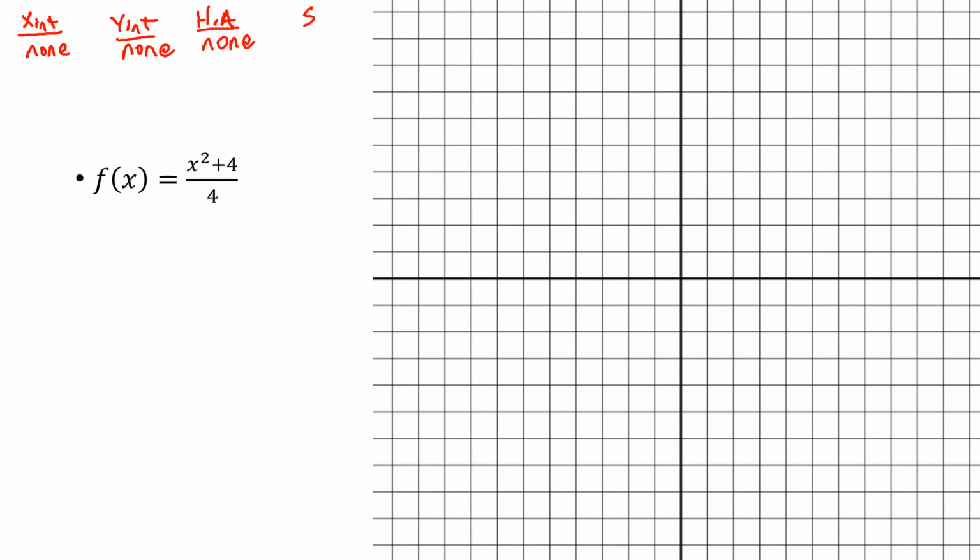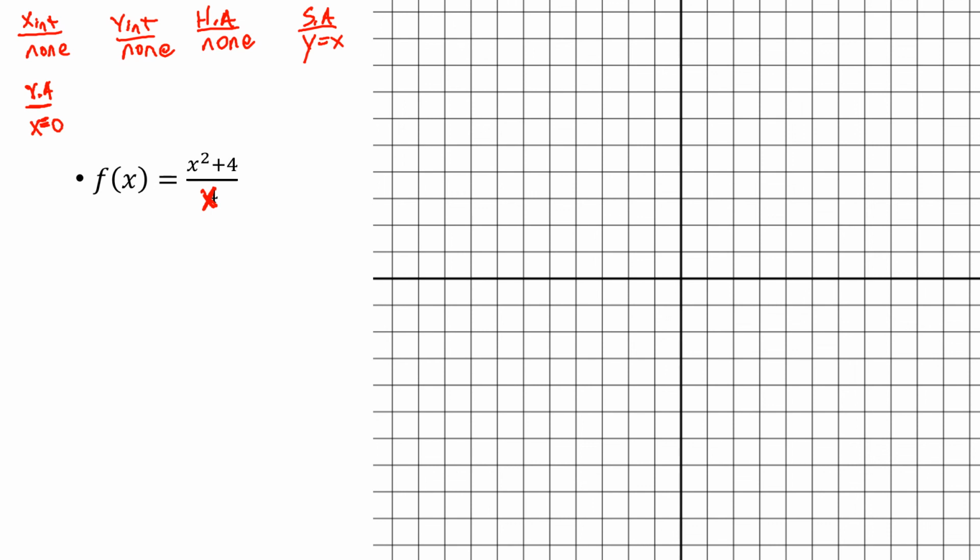For our slant asymptote, we got y equals x. And the only other thing we need is our vertical asymptote. So our vertical asymptote is whatever would make the denominator 0. So what would make the denominator 0? That would happen only if x is equal to 0. That's all we have in the denominator.